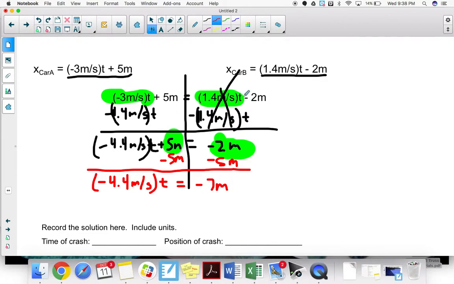So like if we were to write this whole equation down without units, it would have started with negative 3t plus 5 equals 1.4t minus 2. And we would have subtracted 1.4t on both sides.